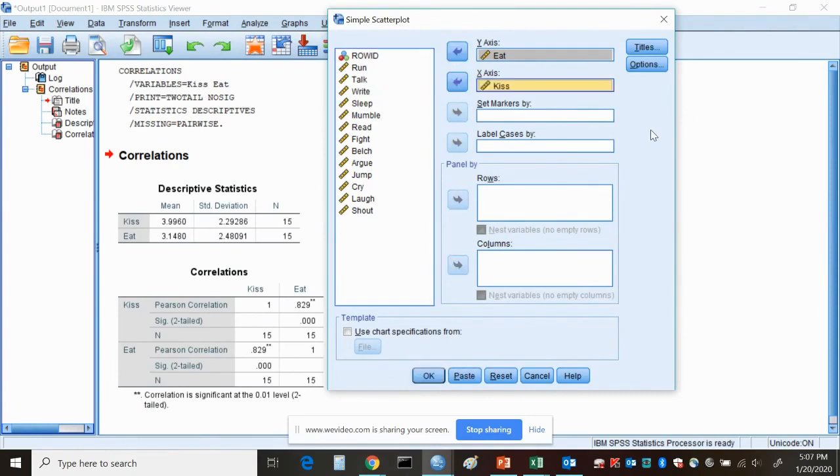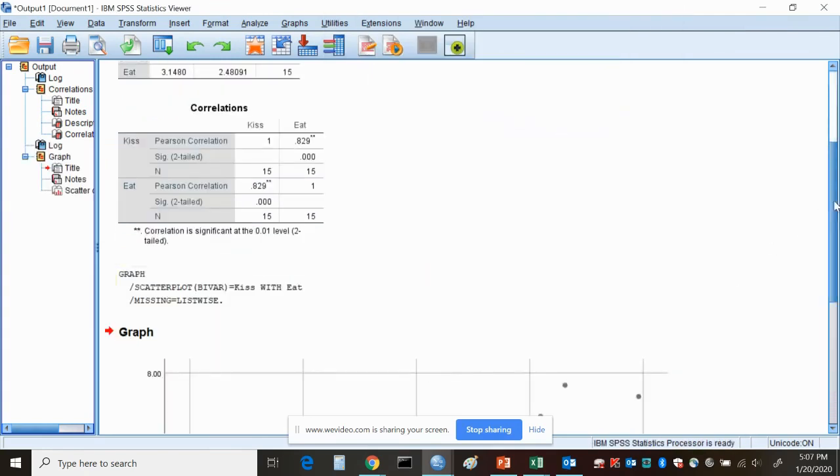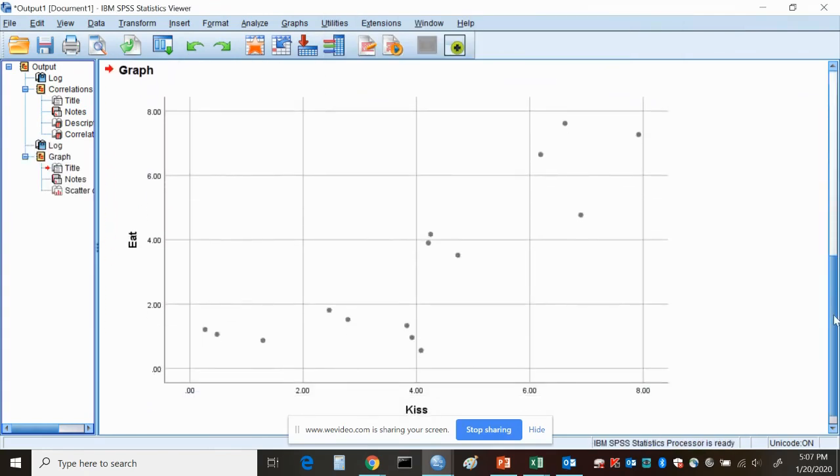Again, it doesn't matter which one we pick. Hit OK. And we can get that visualization. So this increase in this direction is what is due to it being a positive, or what makes it a positive correlation. And you could see that as the values of kissing increase, so too do the values of eating.